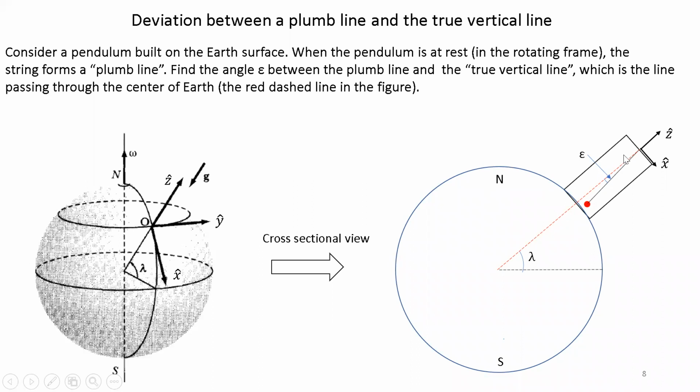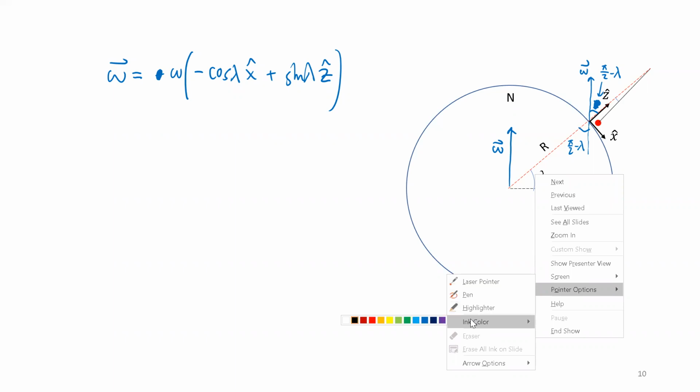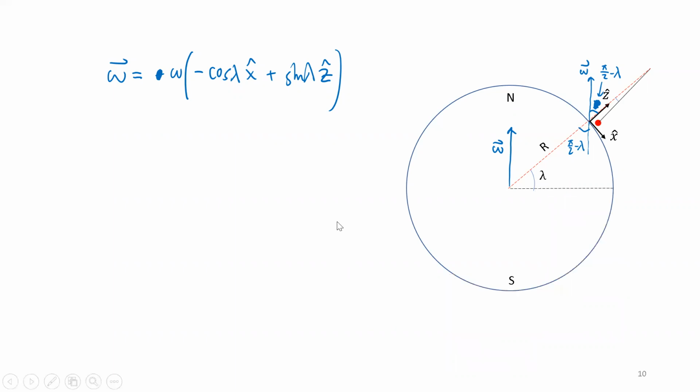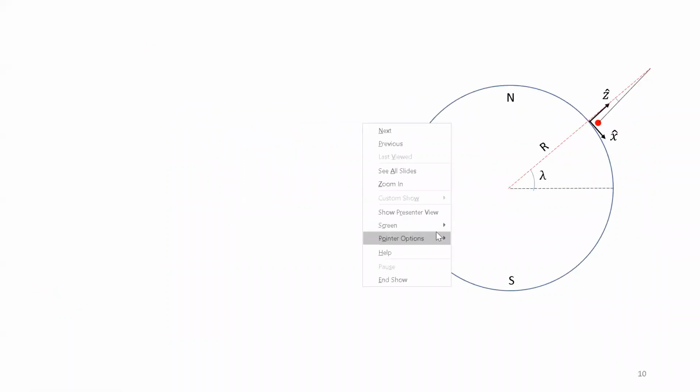So from now on, in the upcoming problems, I'm going to just imagine that you are slightly tilting this coordinate system, such that the z hat is just parallel to the plumb line.